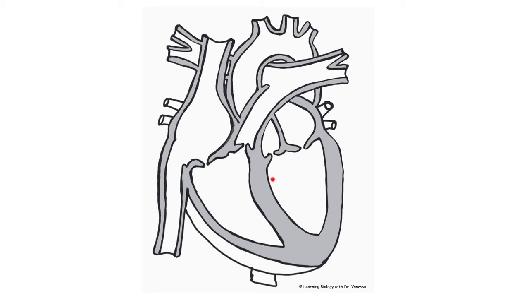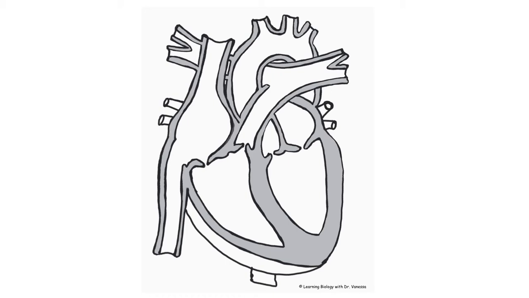And this is actually the left side of the heart. So like I mentioned before, whenever we look at the heart in a picture or a diagram, we're going to see the right side of the heart on our left side and the left side of the heart on our right side. So now that we know that, let's start looking at the different parts and we'll label them.